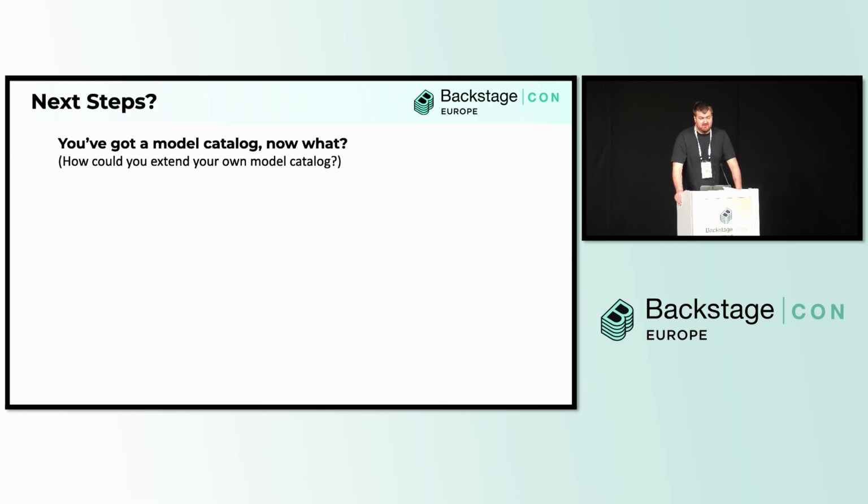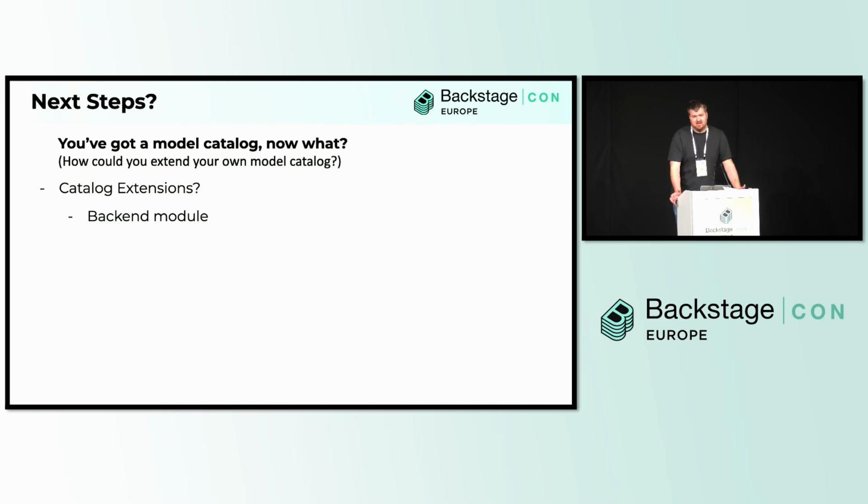And so in terms of next steps, this is some stuff that we're looking into, or maybe you want to develop your own model catalog and take it a step forward. Some options that anyone could do. First up is catalog extensions, like I just mentioned.